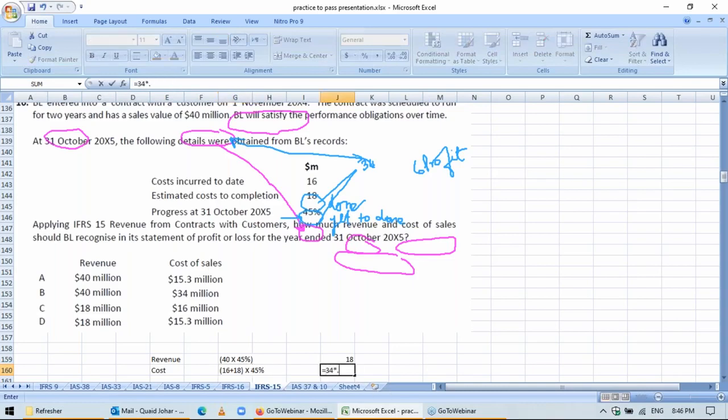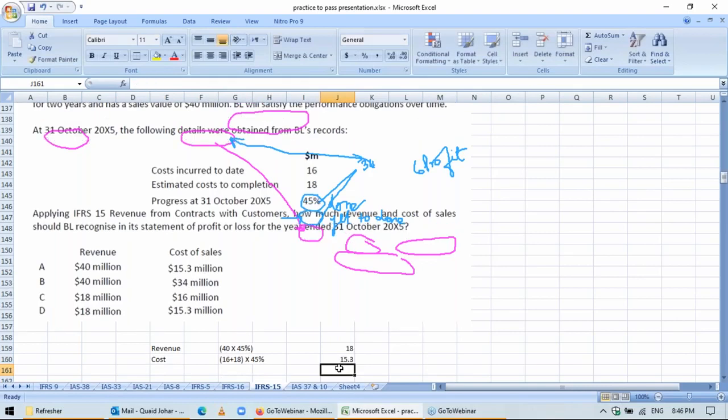This is the cost. So the amounts that will be recognized are 18 million and 15.3 million. So the correct answer is D.